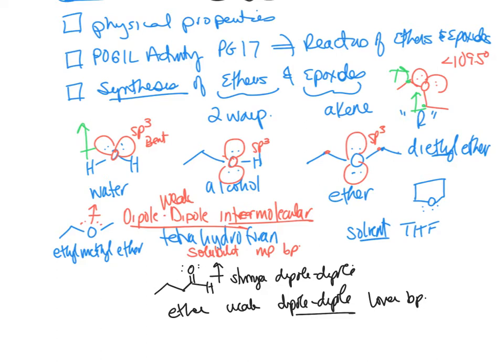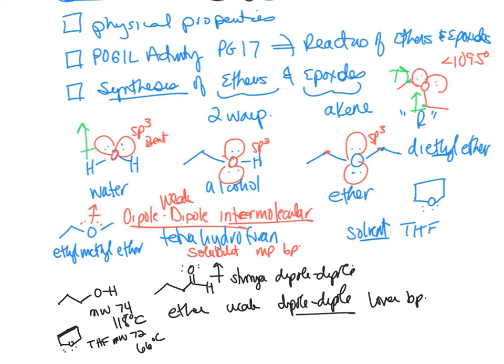Now, like a lot of your solvents, you can look at n-butanol, which is an alcohol, and has a molecular weight of 74, its boiling point is 118 degrees Celsius. So you look at something like tetrahydrofuran, THF, and it has a molecular weight of 72, which is very close to 74, and it has a boiling point of 66 degrees Celsius.